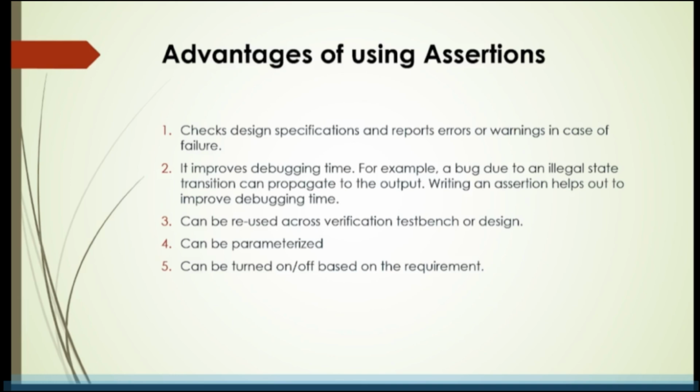One more advantage is that we can easily turn these assertions on or off based on our requirement. For example, if you don't want that assertion for some particular point of time, we can just turn off that assertion, and we can easily turn it on again, just like we have done for constraints and randomization. We'll be enabling and disabling these assertions also.